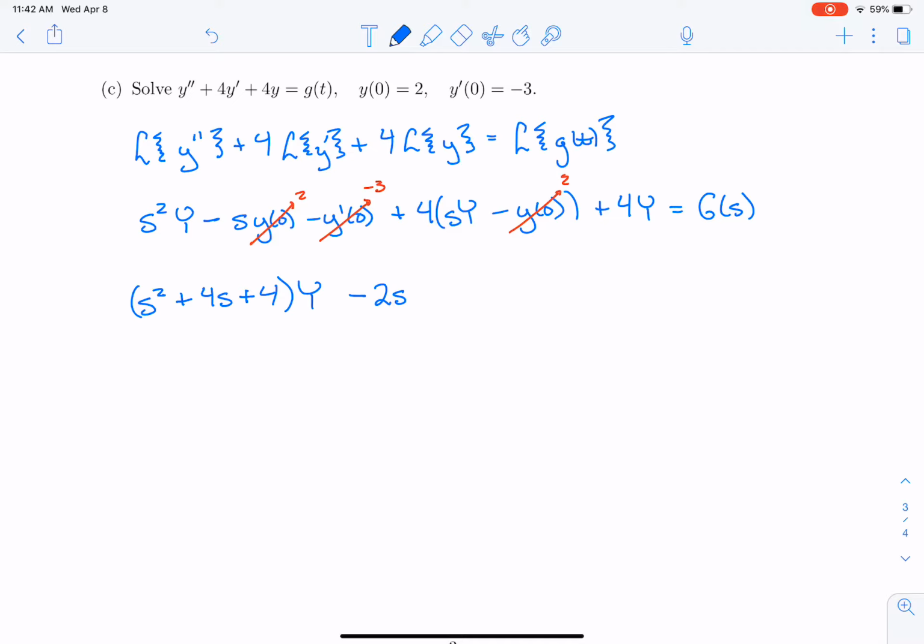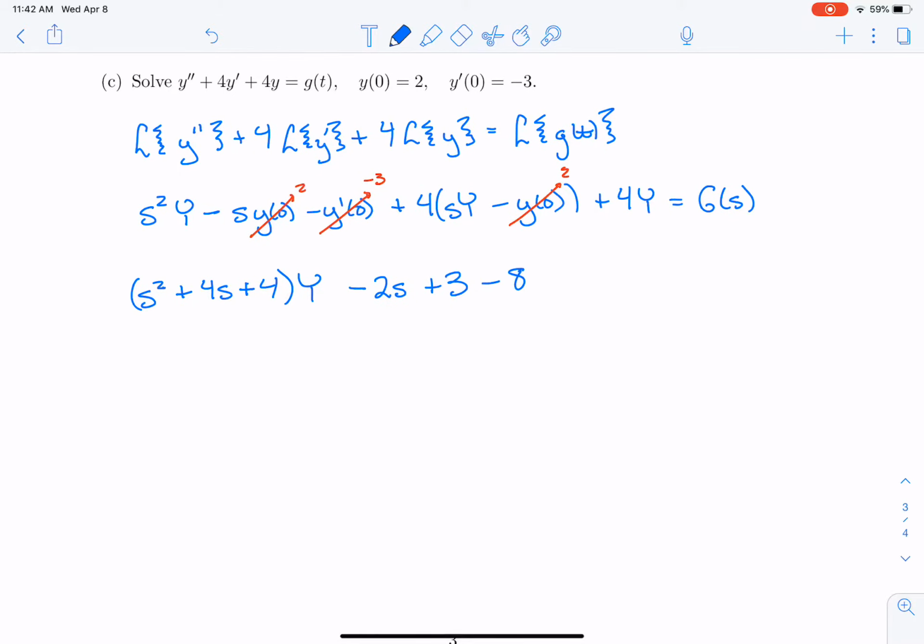And then a plus 3. And then minus 4 times 2, which is 8. And that whole thing is going to equal G of s. Okay, so this becomes s squared plus 4s plus 4 times capital Y is going to equal 2s plus 5, if I bring that all the way over to the other side, plus G of s.